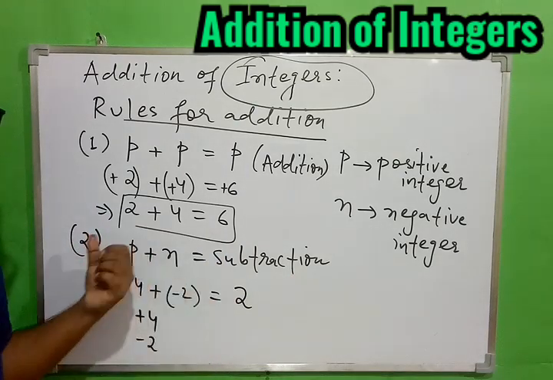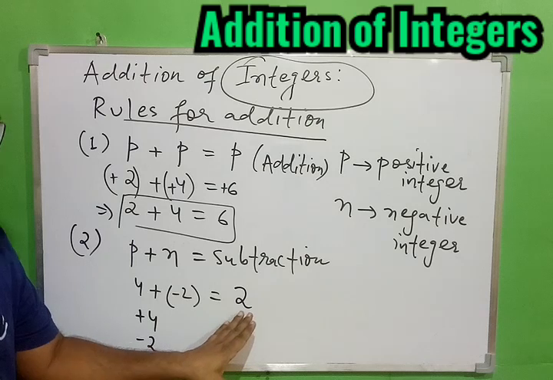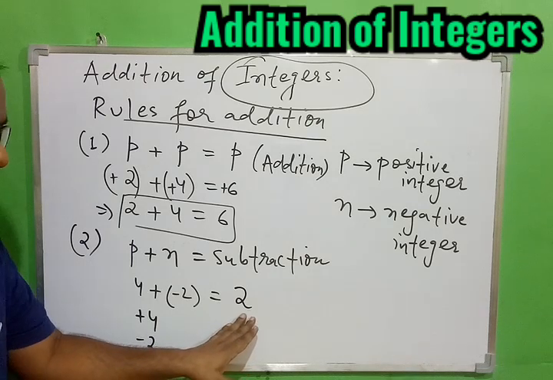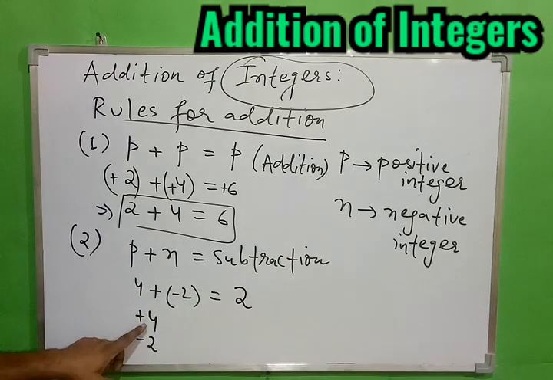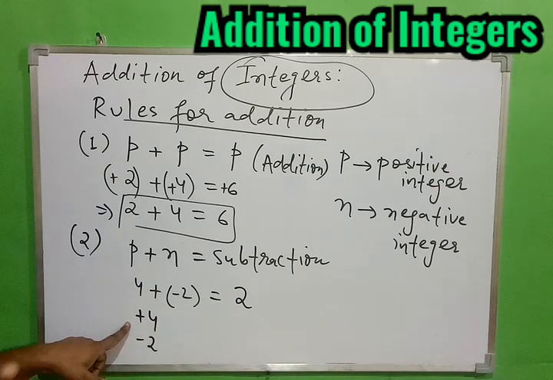Subtract the lower number from the greater number and finally write the answer. This final answer can be positive or negative depending upon which integer is positive and which is negative. Here 4 is greater than 2, but we have to see in front of the greater number whatever sign we have, positive or negative, and that sign has to be given in the answer.